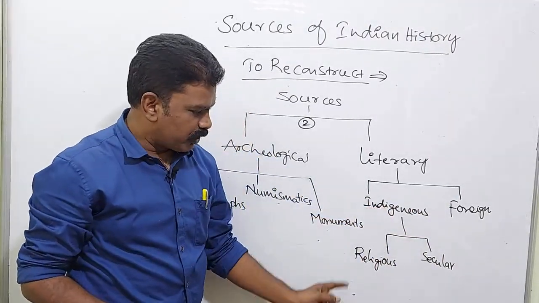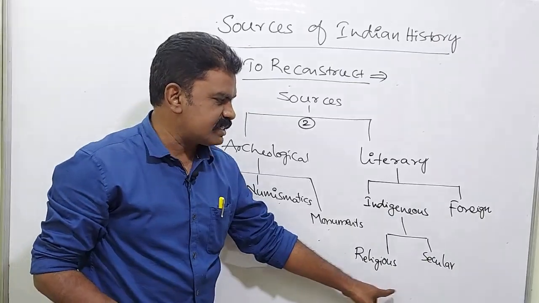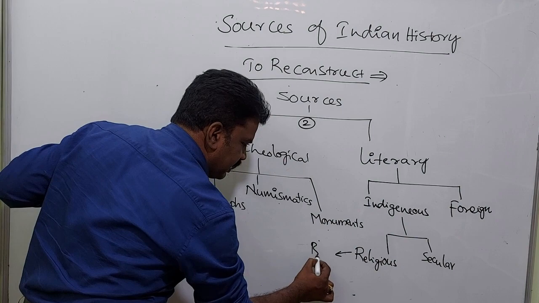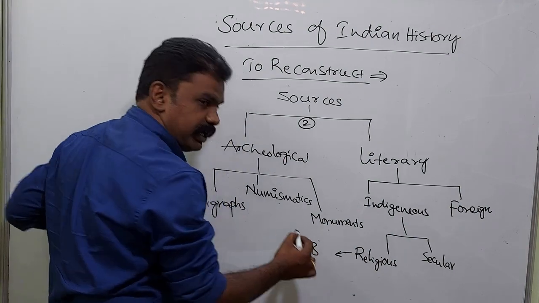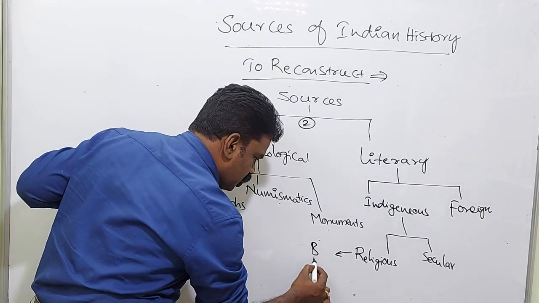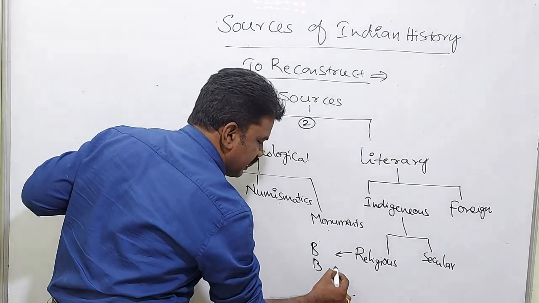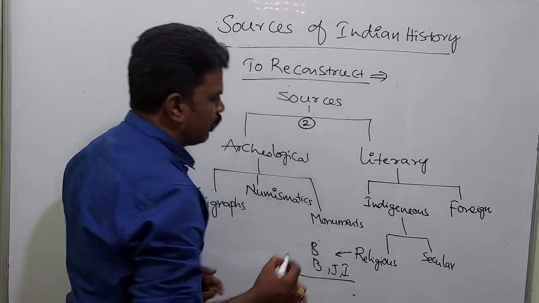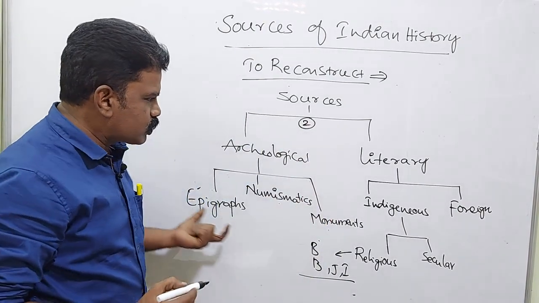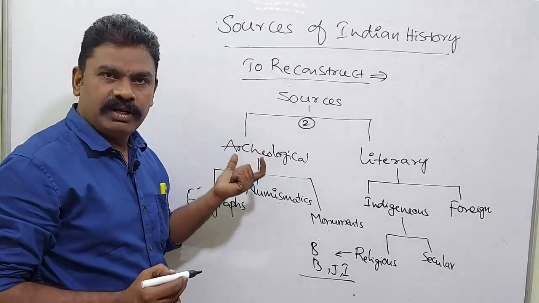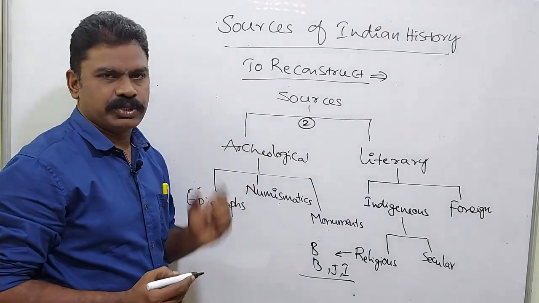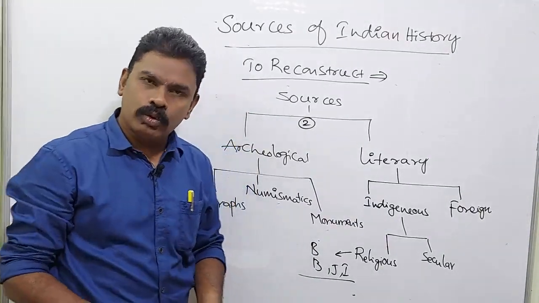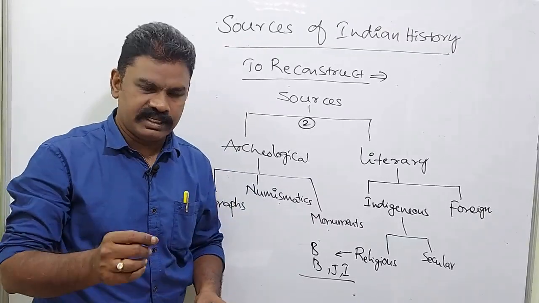Indigenous, again, you can divide into religious and secular. These religious sources are Brahmanical religious sources, that is Vedic religious sources, Buddhist religious sources, and Jain religious sources, also Islamic religious sources. Based on all these sources, we will reconstruct Indian history. So sources are most important to know and to reconstruct Indian history.